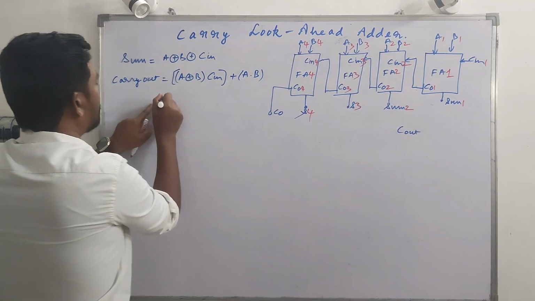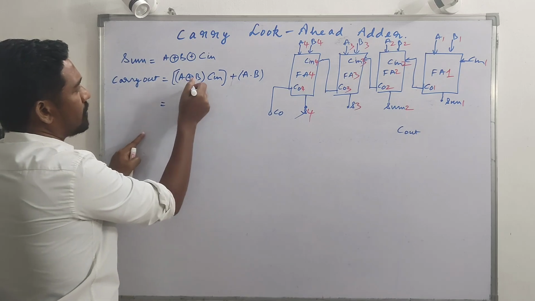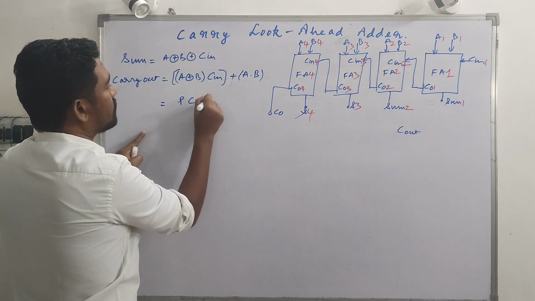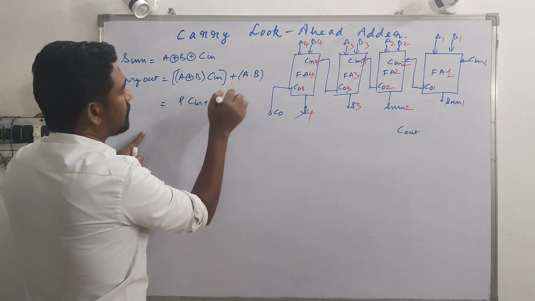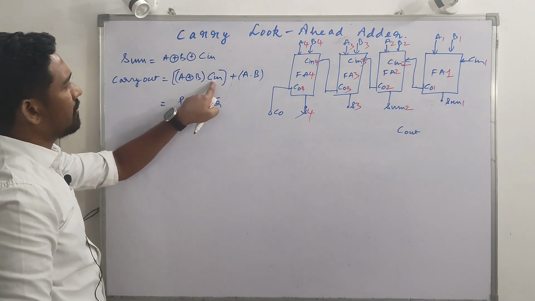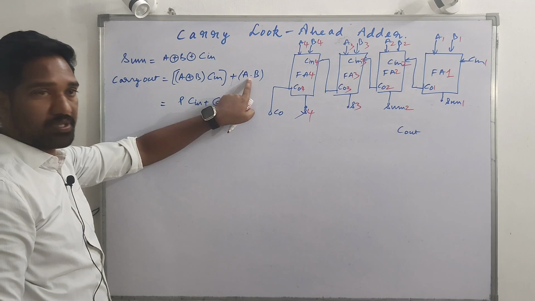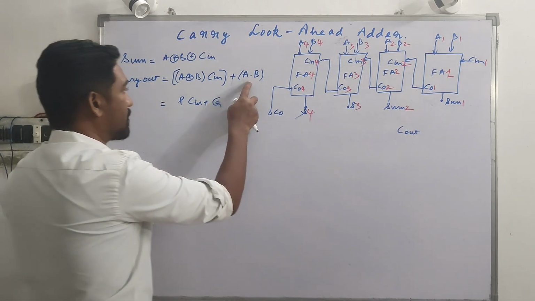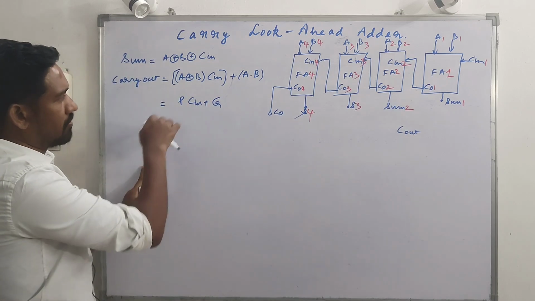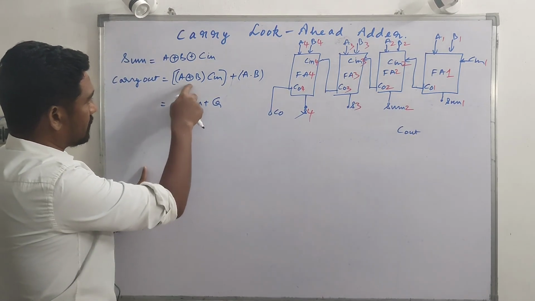Now A exclusive OR B is called propagate carry, P, multiplied with Cin, and this one, A AND B, is generate carry, G. It means that irrespective of Cin, the carry definitely depends on this AND operation between A and B. So this is the generate carry and this is the propagate carry. This could be understood from the internal circuit of a full adder with 2 half adders, and it's written here in short form.